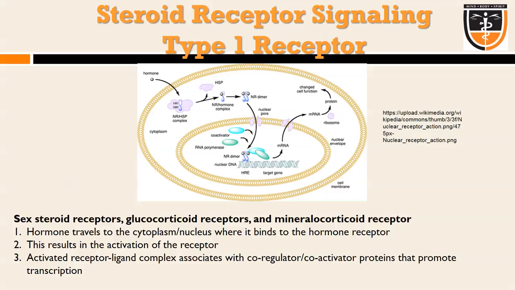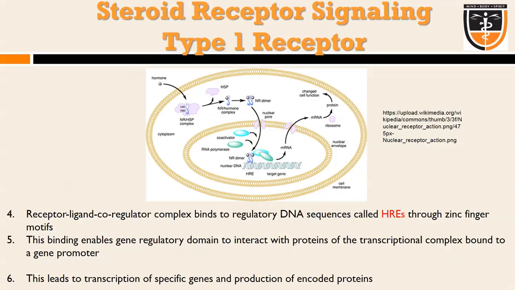Now this will result in the activation of the receptor. An activated receptor-ligand complex will associate with another molecule known as co-regulator or co-activator proteins. So, for example, a steroid hormone will attach to its receptor, and it will attach to a co-regulator. All these three will play a very important role.